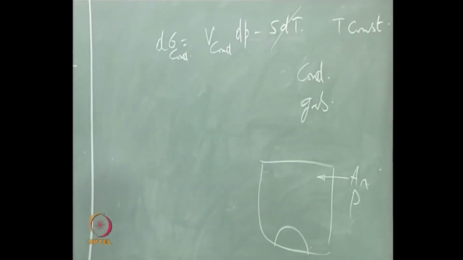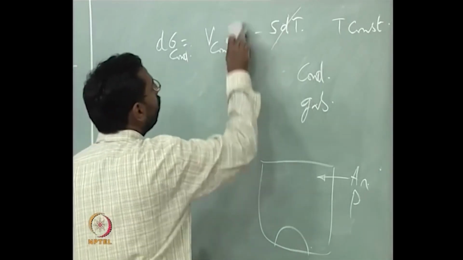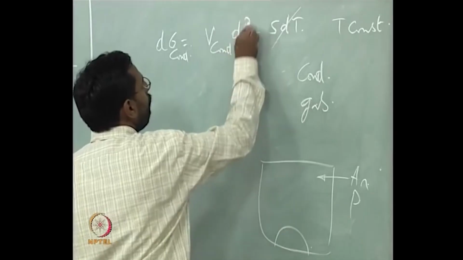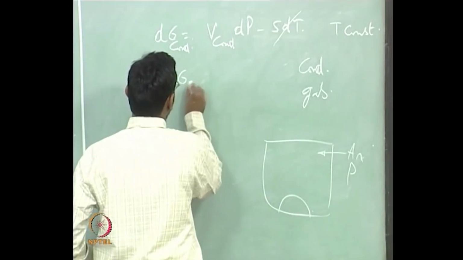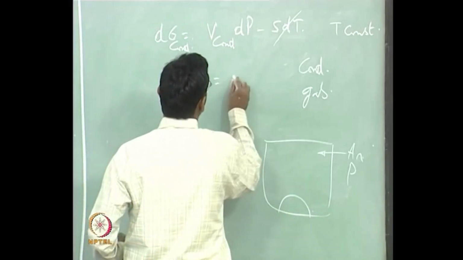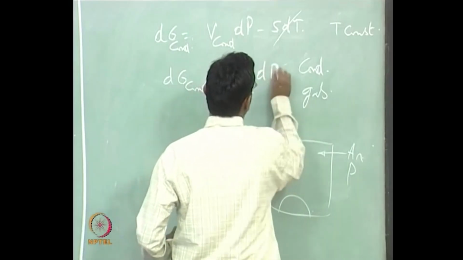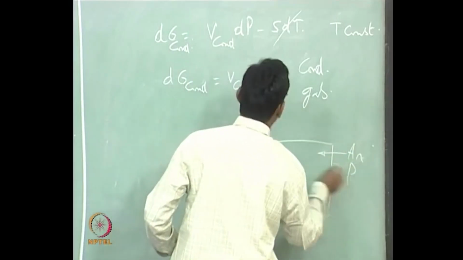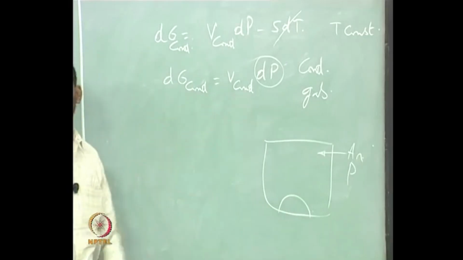Am I right? So we can write dG of the condensed is equal to V of the condensed dP. So if there is any external pressure, with a change of pressure the dG changes with this.